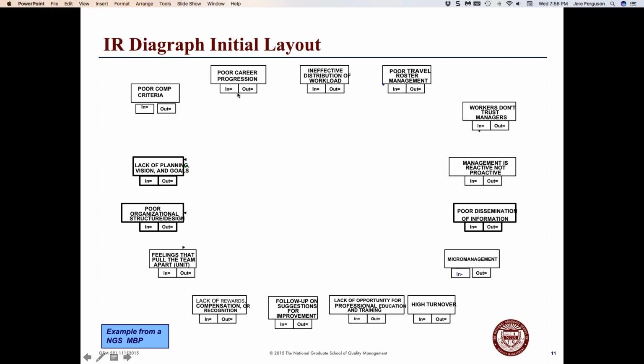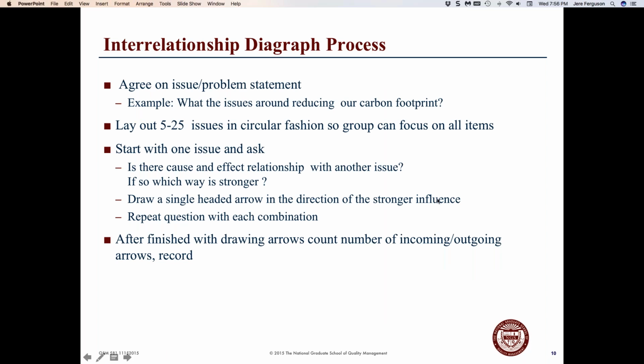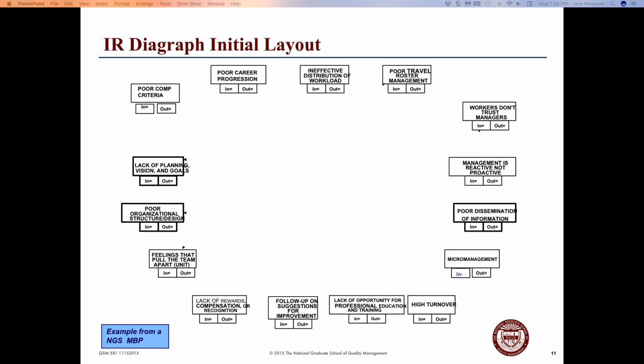So what you're going to do is start with one. Let's say we start here. Of all these squares around us, are there any relationships that are directly impacted either by or to this element?